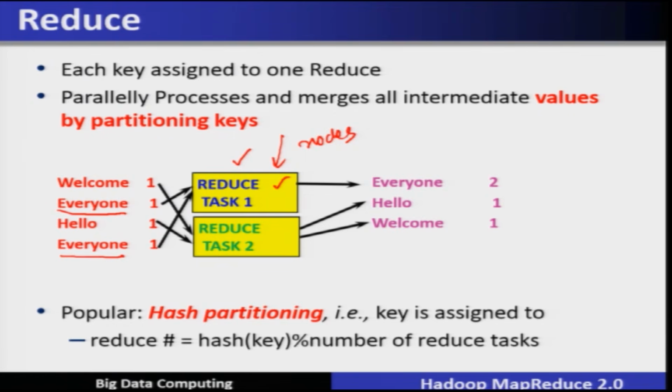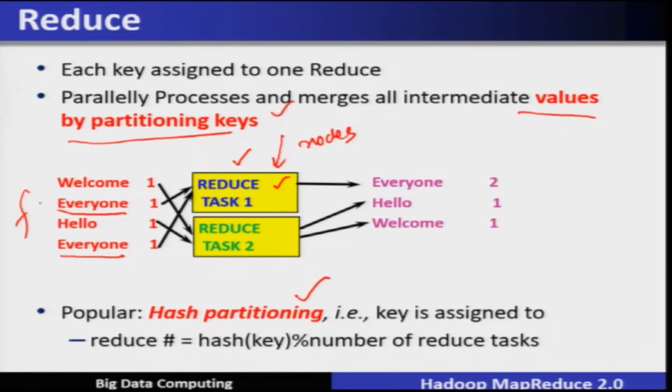Now, we process in parallel and merge all the intermediate values by partitioning keys, which we have already told you, but how are these keys to be partitioned? A simple example is, let us say, hash partitioning. That means if you have a hashing function f, and you apply this hashing function on a particular keyword, it will give a particular value, and this value will be mod the number of reduce tasks.